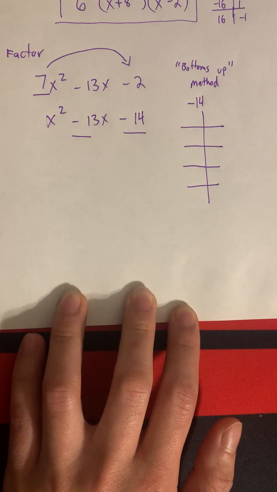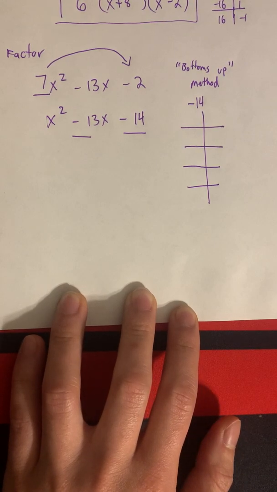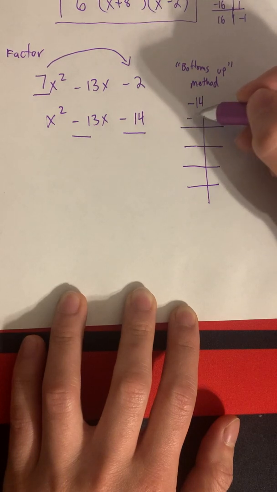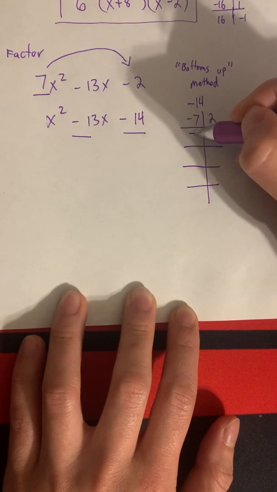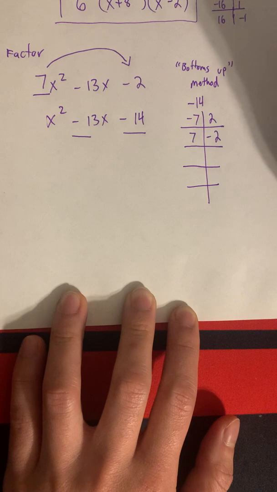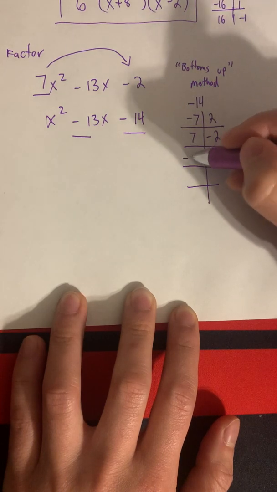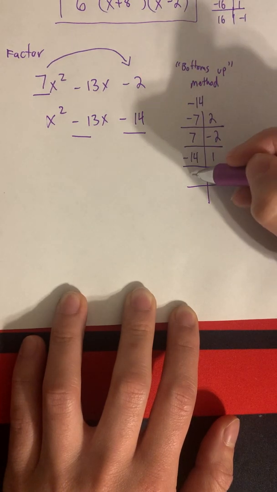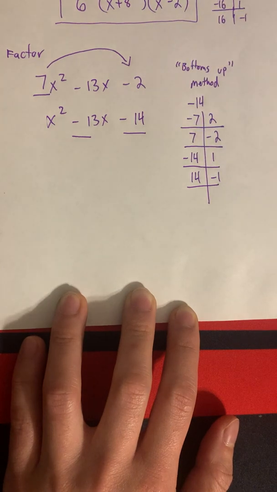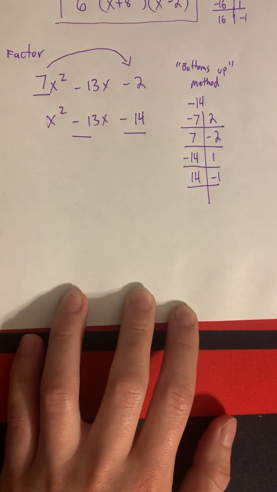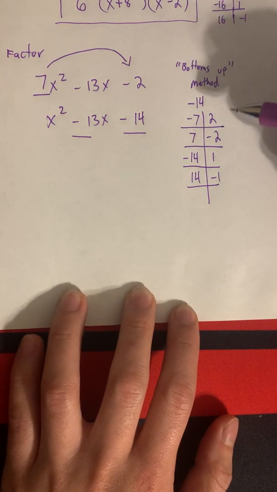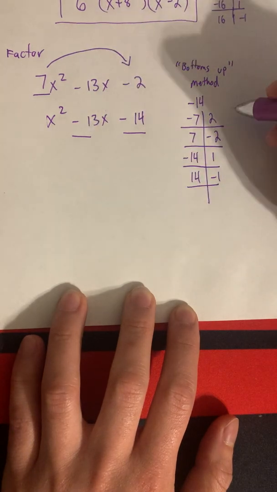So we want to find the pairs of factors that will multiply up to negative 14. So that's going to be negative 7 and 2, 7 and negative 2, negative 14 and 1, 14 and negative 1. I think that's it.